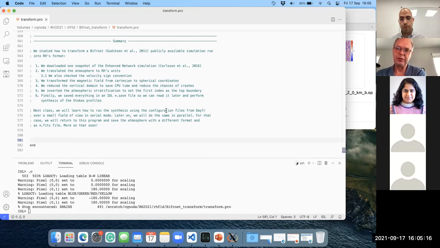In 1D we have 1 pixel, and we assume that the atmosphere is just that one column. In 2D you have the effect of the pixels on the different sides of the given pixel, and in 3D this is full 3D. Each pixel will see the effect of the surrounding pixels.